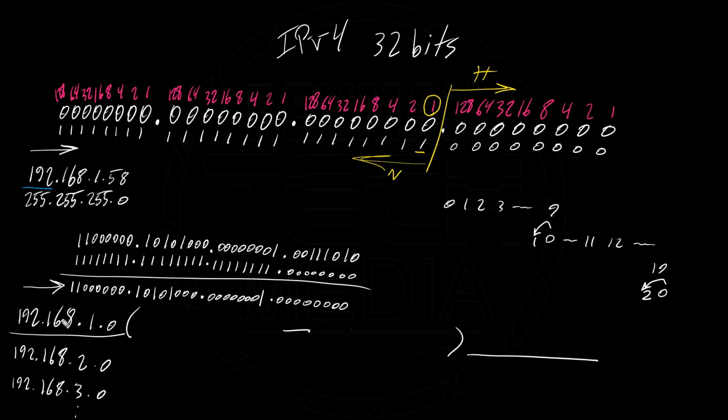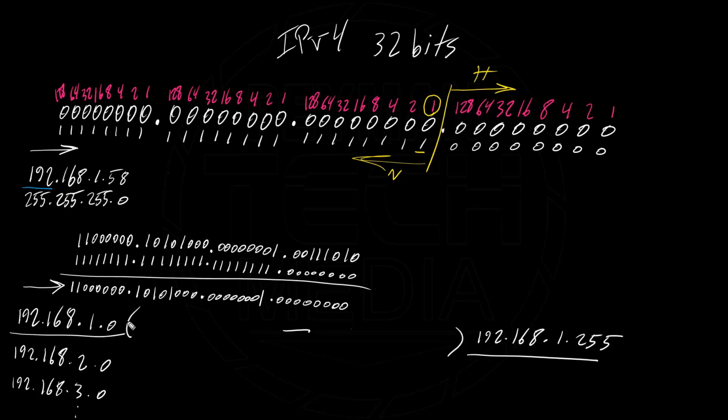Therefore, for the network address 192.168.1.0, the broadcast address, the last IP address for that network, is 192.168.1.255. If we add one IP address to this one, it's not 256. It turns to 0 and adds to this place, so we get 2.0.